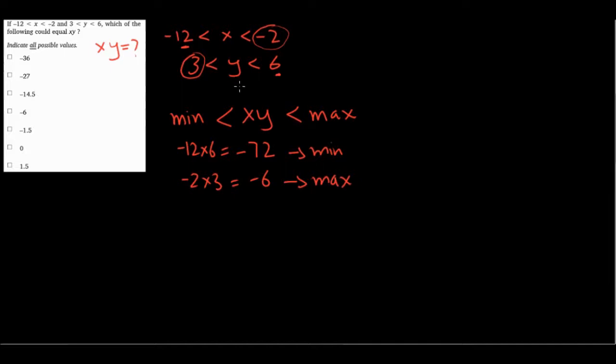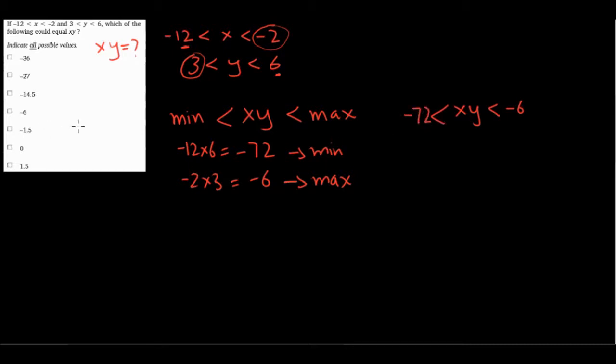Is that correct? Can there be anything bigger than -6? We know the maximum has to be negative because x is always negative. If I had picked -2 times 6, I would have gotten -12, which is less than -6. So this seems to be the maximum value for xy. So xy is between -6 and -72.